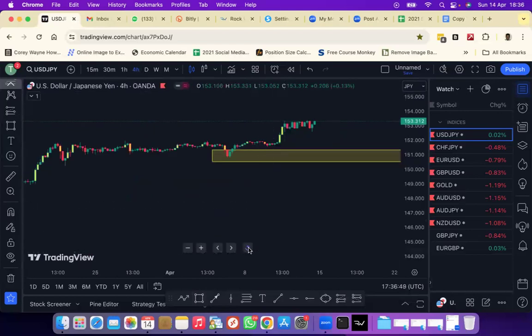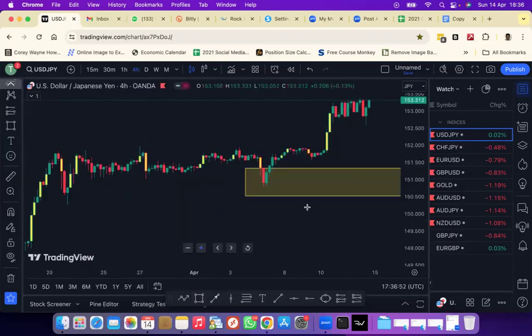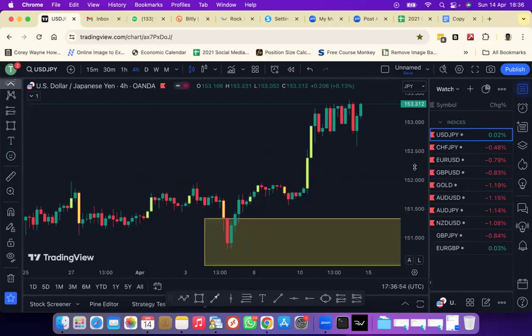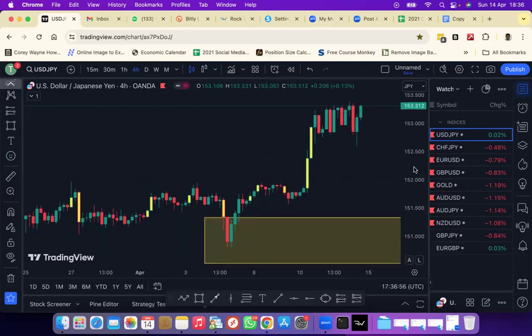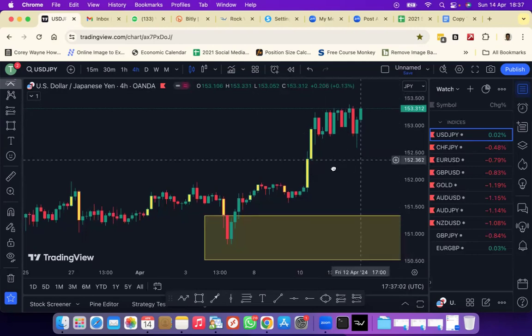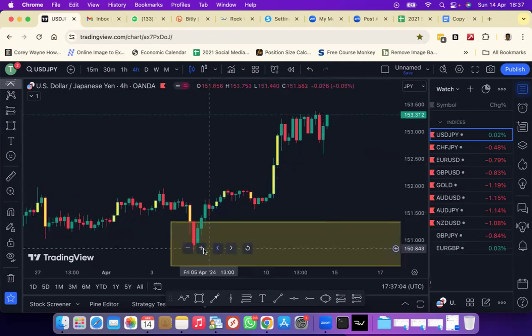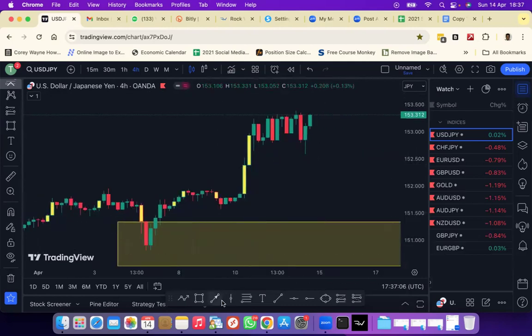On the 4-hour time frame, we also have a bullish move. This is what I think price will do on 4 hours. I'm seeing a liquidity grab happen on 4 hours.